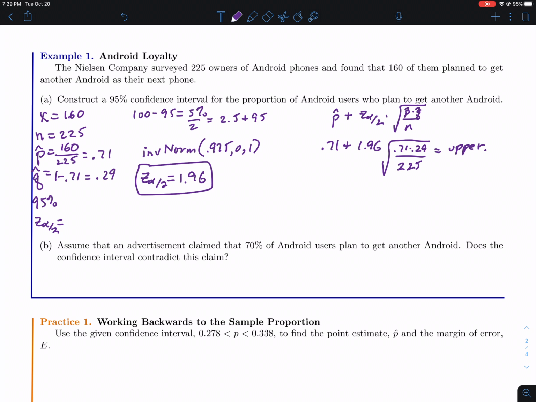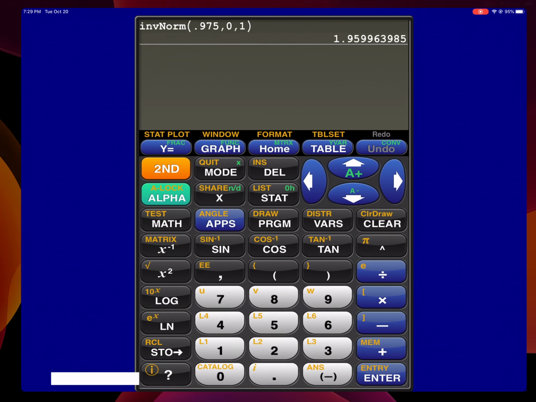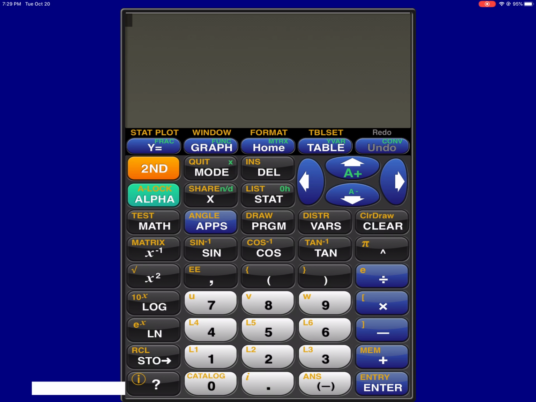So let's plug all this into the calculator. So I'll show you how to type this in so that way we hopefully get it right every single time. So in this case, what we want to do is we start with our 0.71 plus our 1.96 times, and then square root, so second x squared. So in this case, what we're going to want to do is put parentheses around the top.